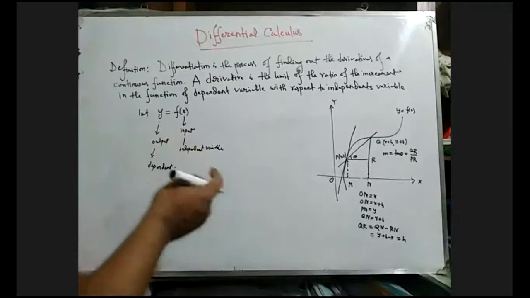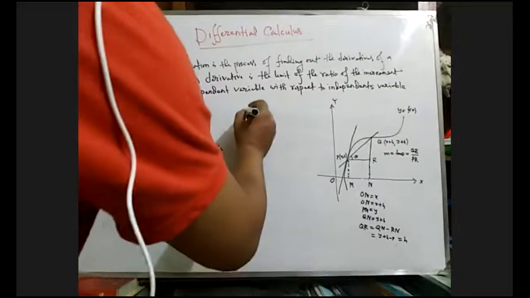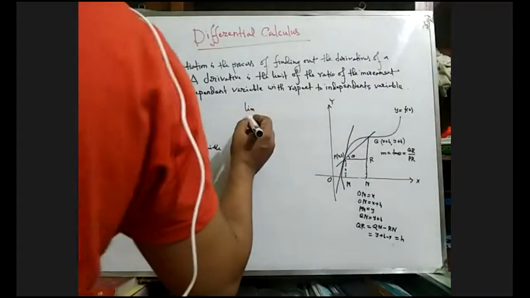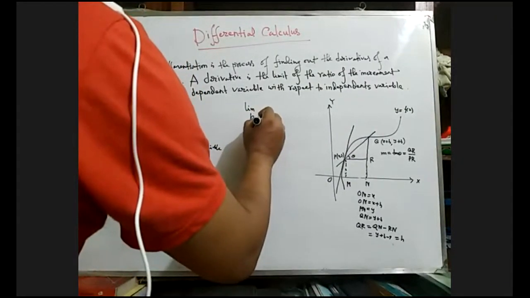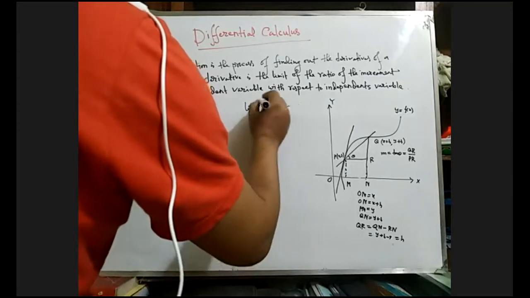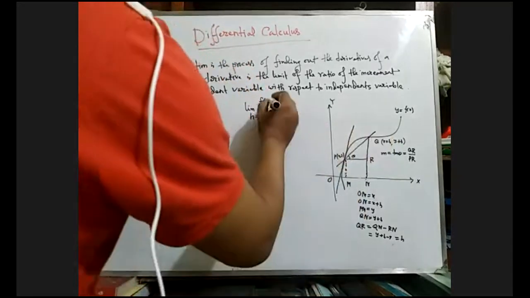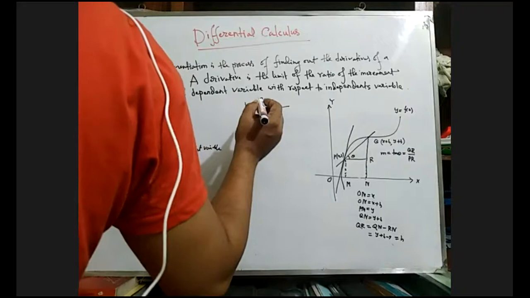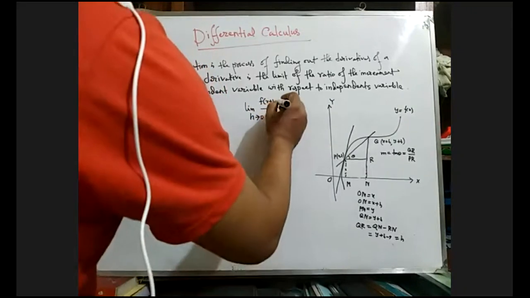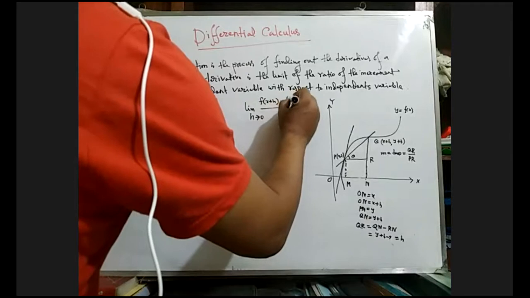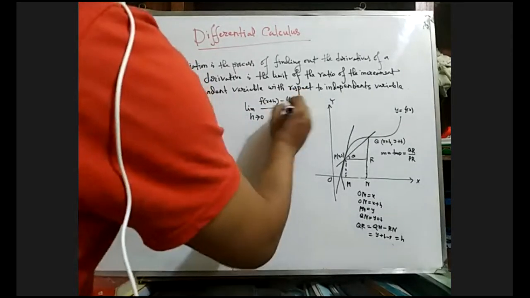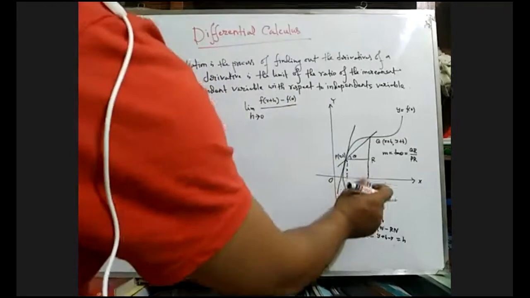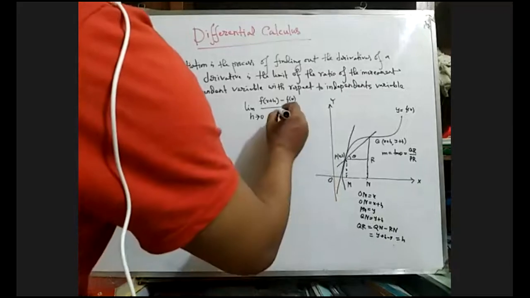So if we take the limit of this ratio, a small increment a tends to 0, and the functional difference is f of x plus a minus f of x, and the small increment along the x-axis is a.